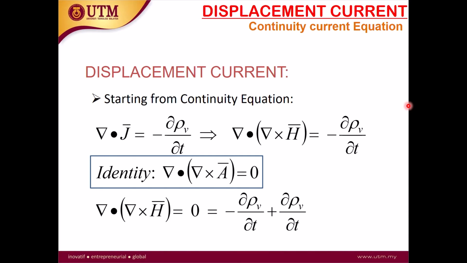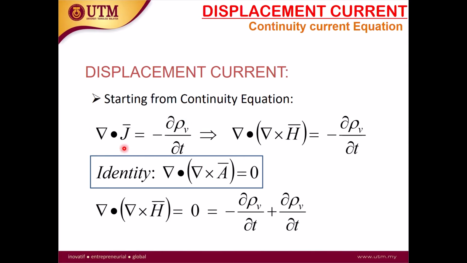So what we are going to do is start the derivation from the continuity current equation. Okay, we already saw this equation in our previous chapters. We have the divergence of J equal to negative del rho V over del t. Okay, this is the continuity current equation.